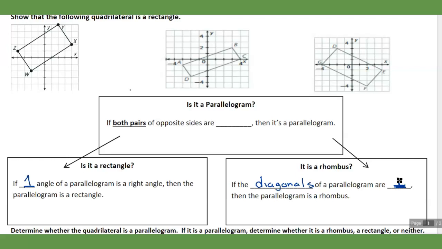Okay? And don't forget that to prove it's a rectangle or a rhombus, it has to be a parallelogram first. And there are 2 ways of doing it. Once again, one of them is to show opposite sides are congruent, which involves the distance formula.